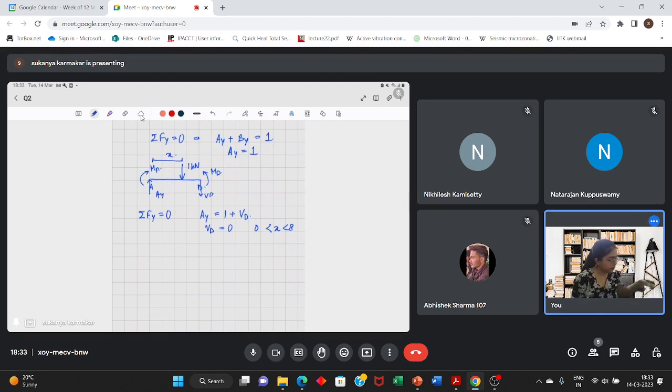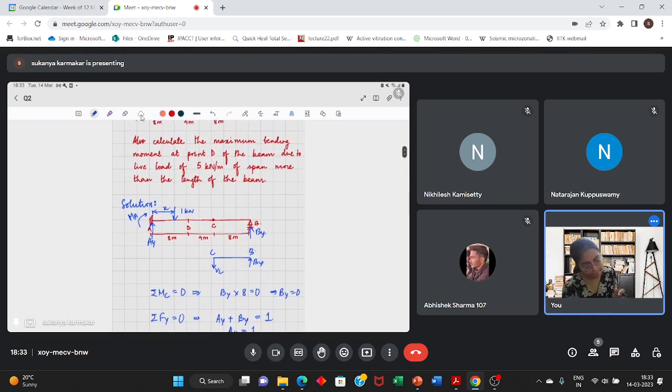Now x would be between point D and C. That is, x is varying between 8 meters to 12 meters.